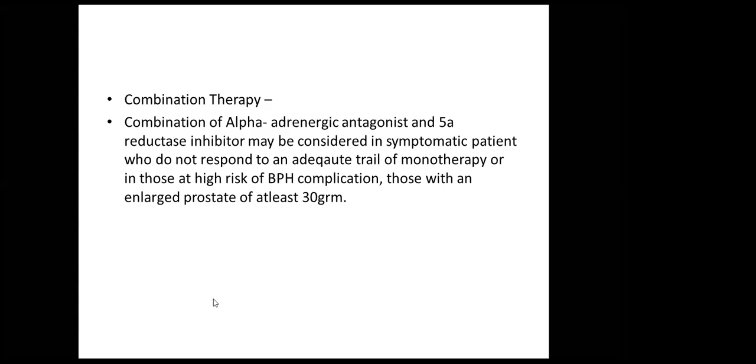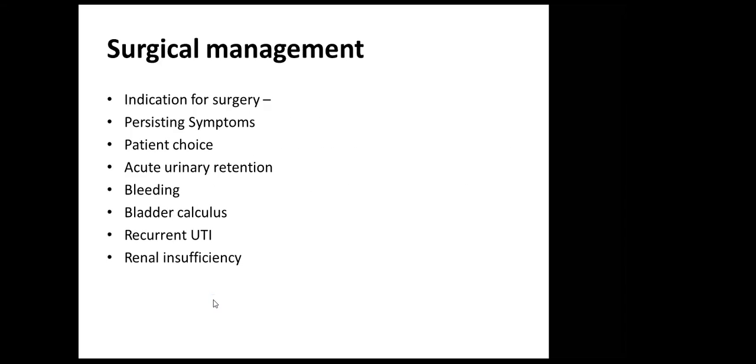Next, it is combination therapy. A combination of an alpha adrenergic antagonist and a 5-alpha reductase inhibitor may be considered in some patients who fail to respond to either drug as monotherapy, but the problem is the higher side effects in the use of combination therapy. Sir, next it is surgical management.